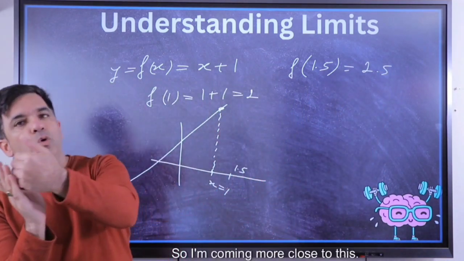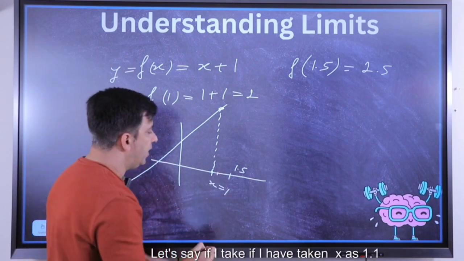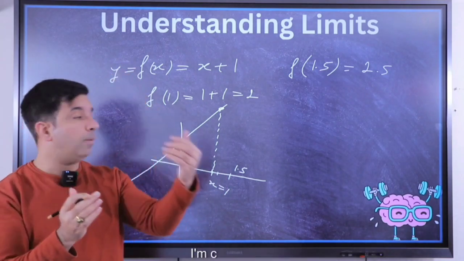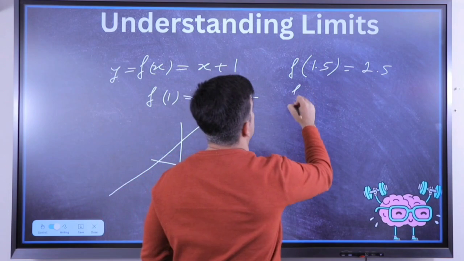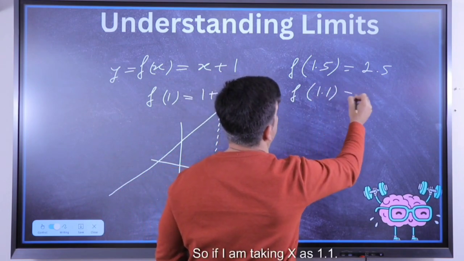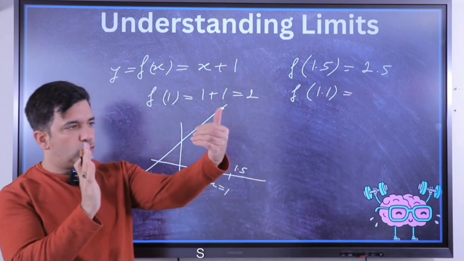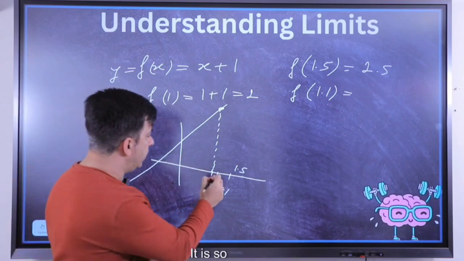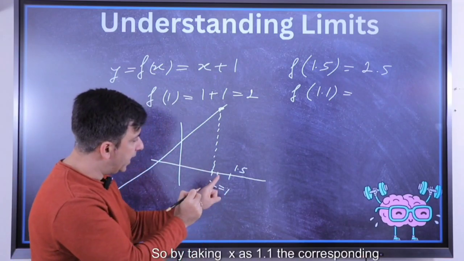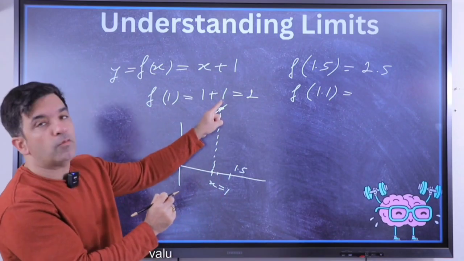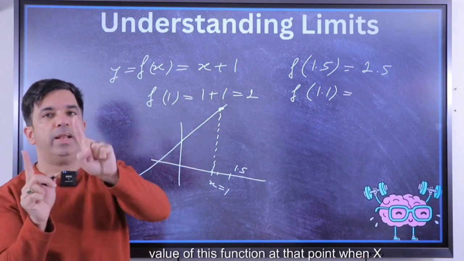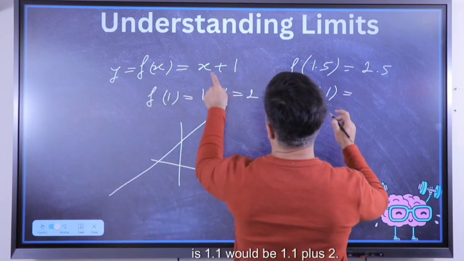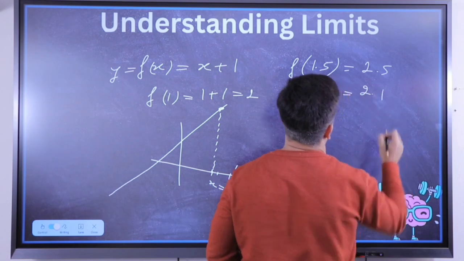I'm coming closer to 1. If I take x as 1.1, the value of this function would be 1.1 plus 1, that is 2.1.